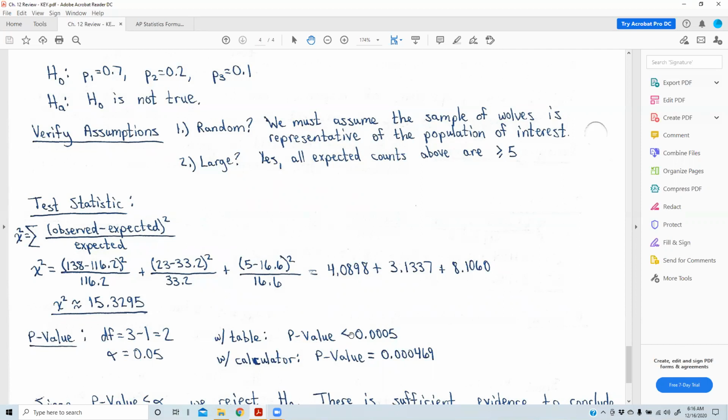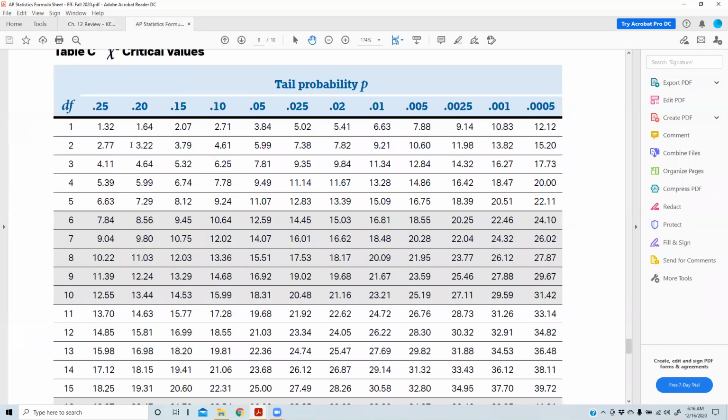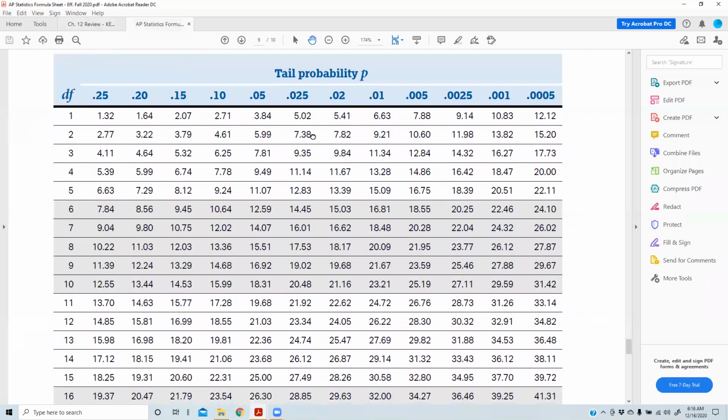With the table, that tells us the p-value is less than 0.0005. We've got n minus 1 degrees of freedom, so 2 degrees of freedom. If we look for 15.32 along this row here, well, 15.2 is the highest it goes.